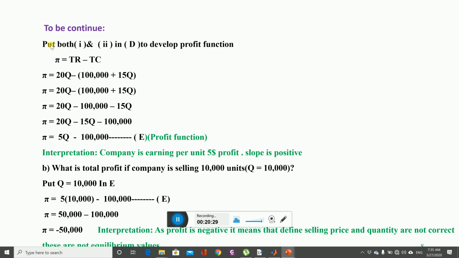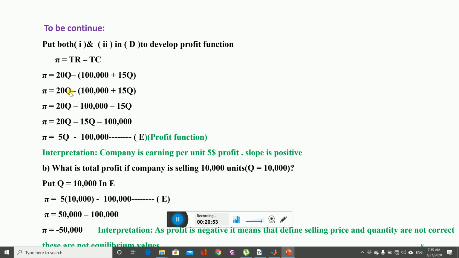Put both 1 and 2 in the function D to develop the profit function. This is pi equals 20Q minus, in brackets, 1 lakh plus 15Q, which we already developed. This is the cost function that we developed in the previous slides. You can collect it from there.